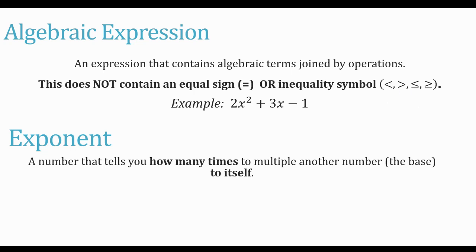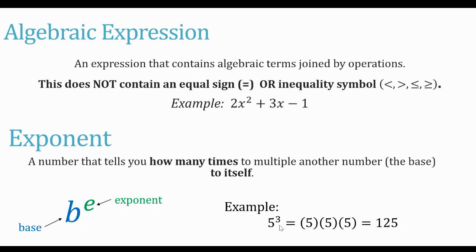Exponent, just to review again, is a number that tells you how many times to multiply another number, the base in this case, to itself. Very important to understand how to evaluate exponents. So if we have b to the e power, b is our base, e is our exponent.